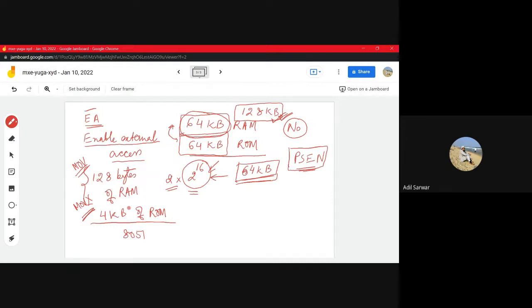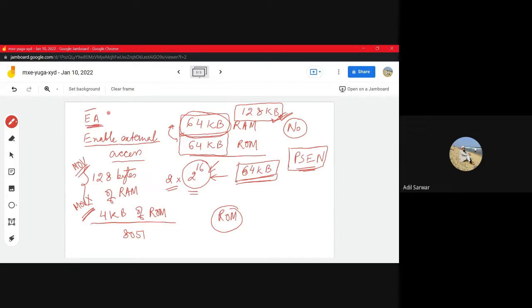But when it comes to ROM, there is an issue. The issue is whether, when we are talking about the address of ROM, we are talking about internal ROM or external ROM. That is identified by this EA bar.